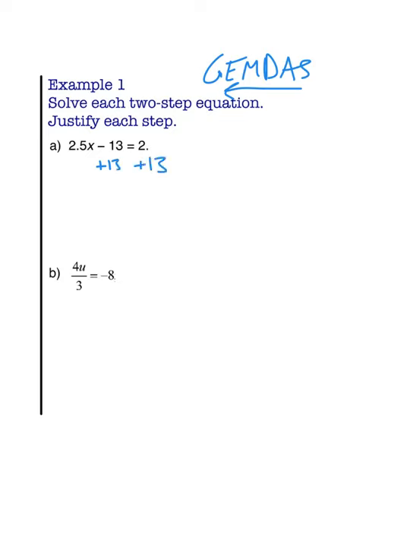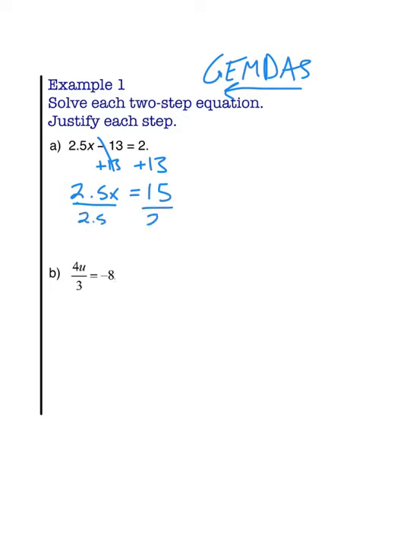So once I add 13 to the left, it cancels out. So I just have 2.5x, and then when I add 13 to the right, 2 plus 13 is 15. So now I see some multiplication. I'm going to use the inverse of multiplication, which is division. So I'm going to divide by 2.5.